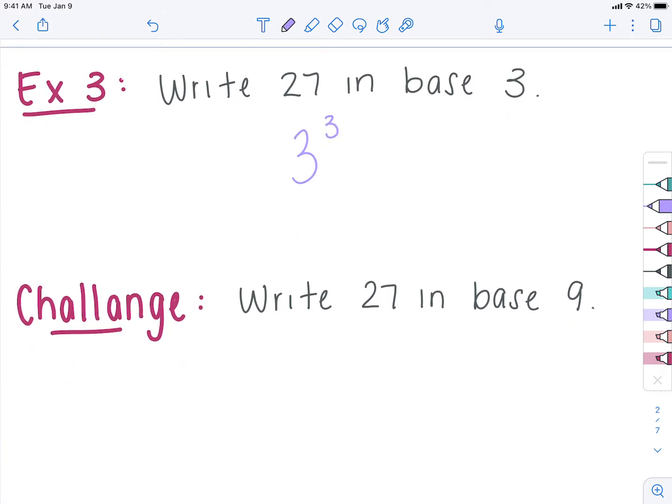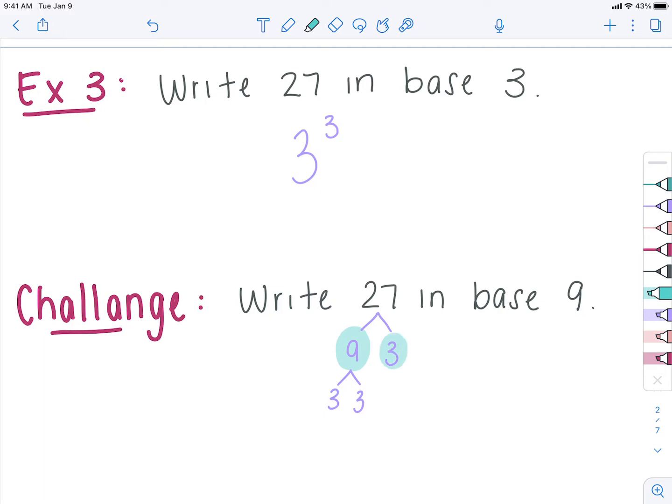What about 27 base 9? Yeah, it was our challenge problem in the game, right? Well, let's see. We know 27 is 9 and 3, right? And 9 is really 3 times 3. So if we're talking about 9s, I have one full 9 here, and this counts as half of a 9.